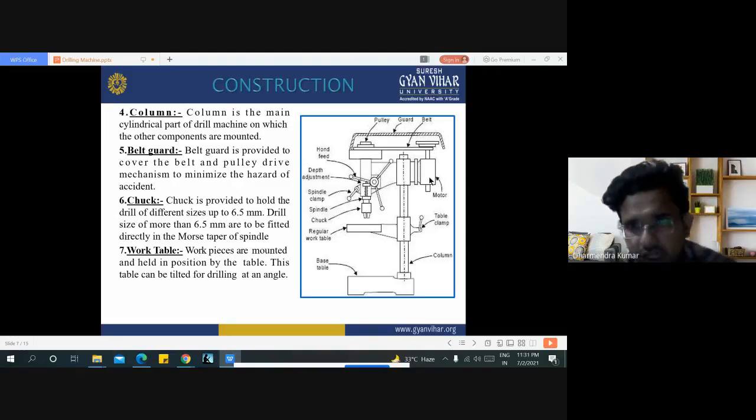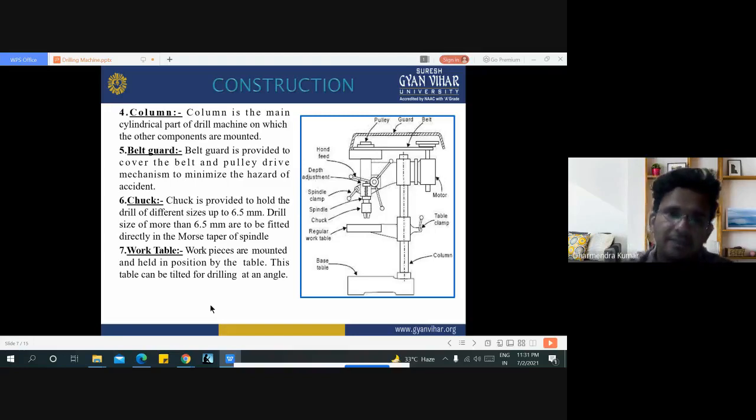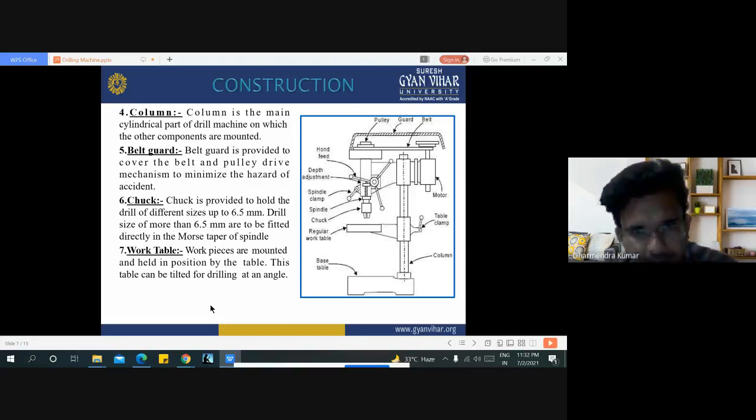Here a servo motor is associated, and with the help of this belt, the moving of the spindle is carried out. Chuck is provided to hold drills of different sizes up to 6.5 mm. Drills larger than 6.5 mm are to be fitted directly into the Morse taper of the spindle.